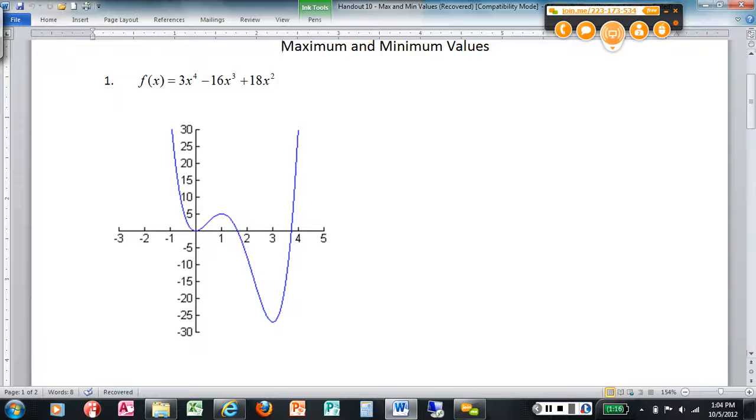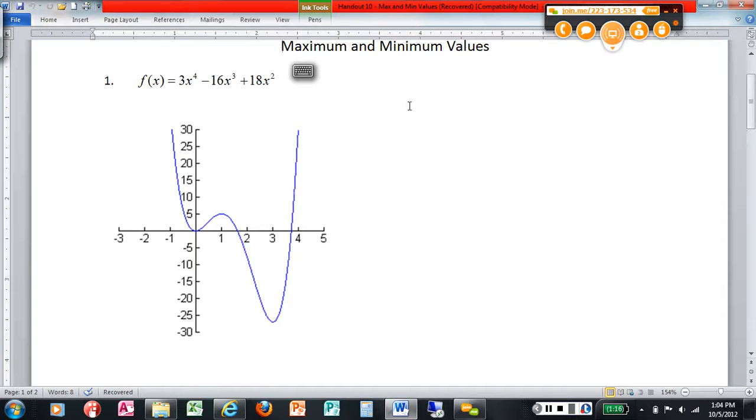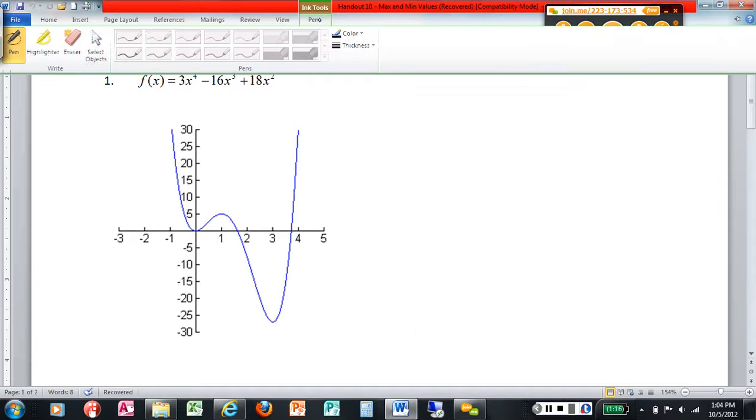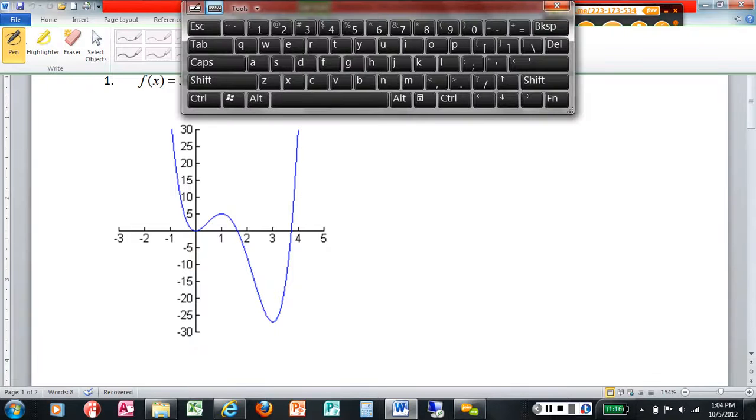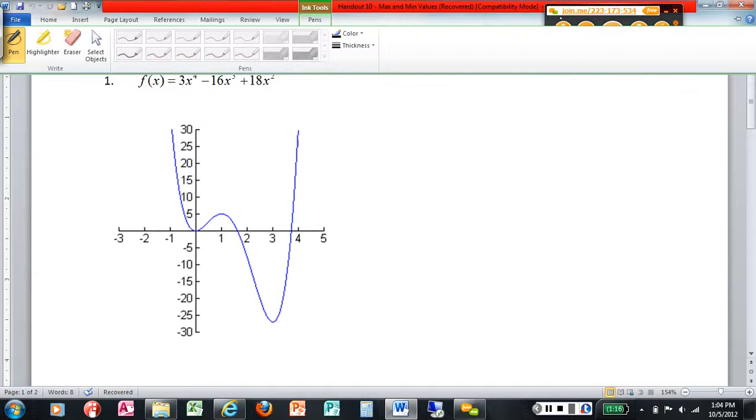Plus 18x squared to be exact. So what I wanted to talk about here are what are called relative or local maximums and minimums. Those are kind of the layman's terms for maximums and minimums.